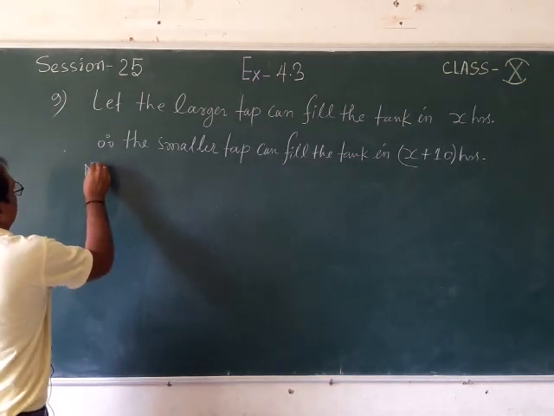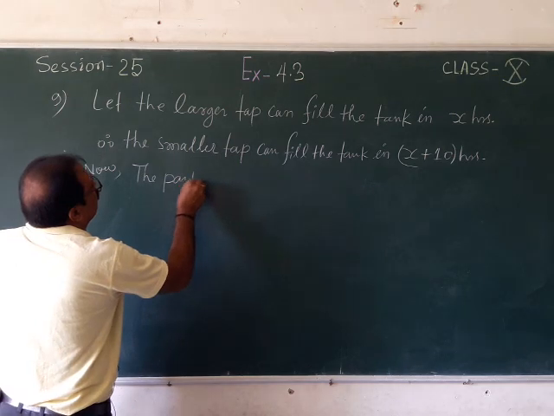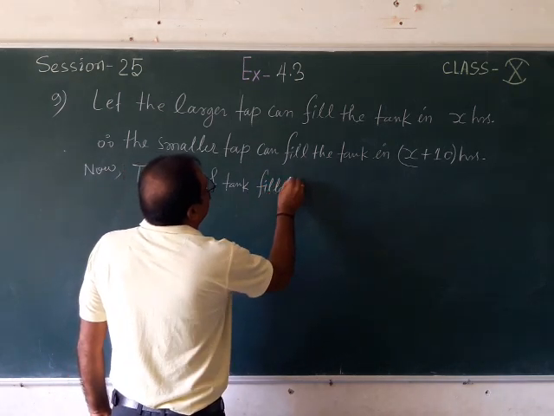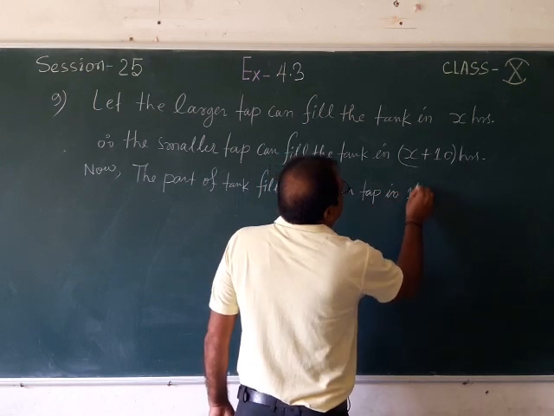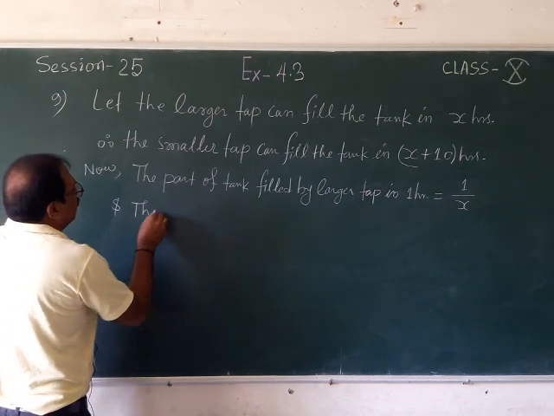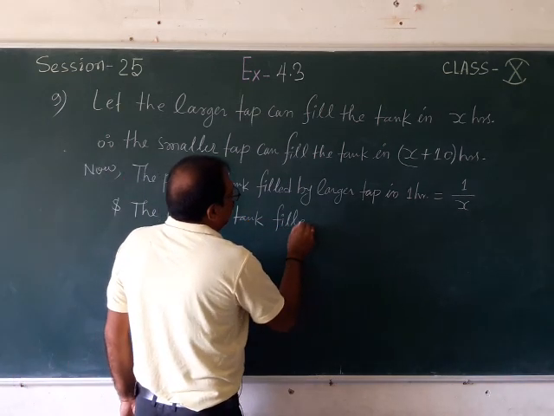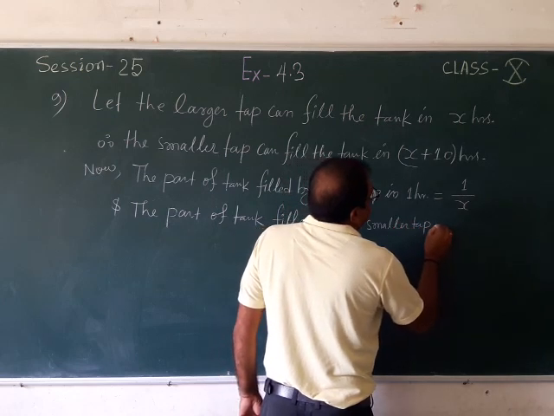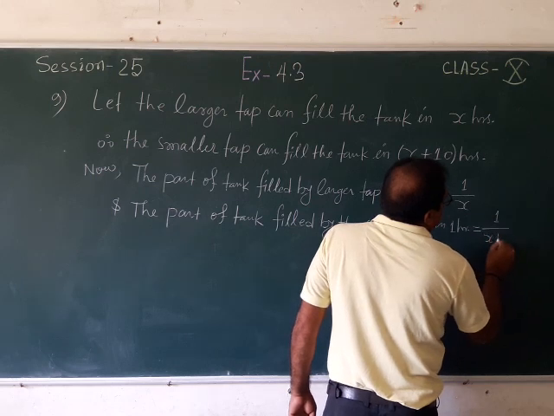Therefore, one thing we have to find now, the part of the tank filled by the larger tap in 1 hour, that will be 1 upon x, and the part of the tank filled by the smaller tap in 1 hour, that will be 1 upon x plus 10.